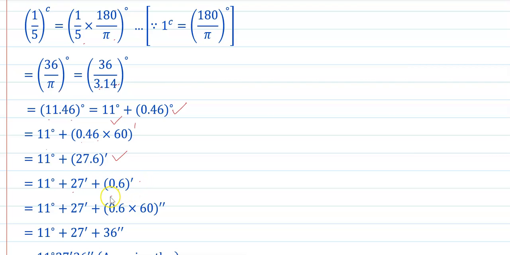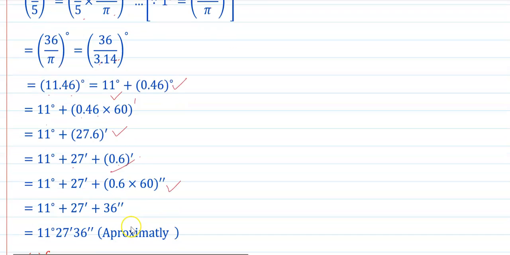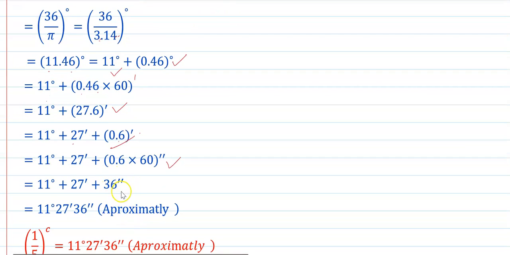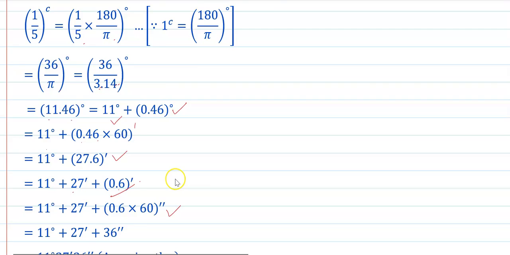Now again multiply these 0.6 by 60, then it will be converted to the second. 0.6 into 60, then you will get 36 second, and hence 11 degree plus 27 minutes and 36 second. It's approximately a multiplication तुम्ही करू शकता. Okay.